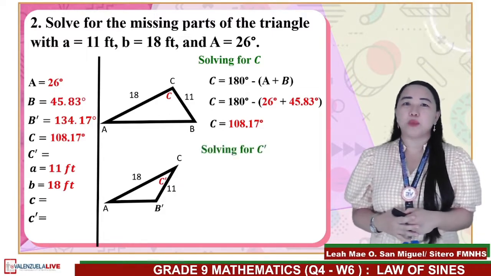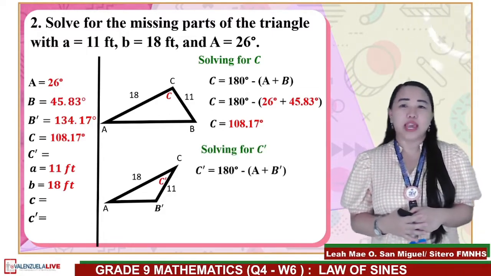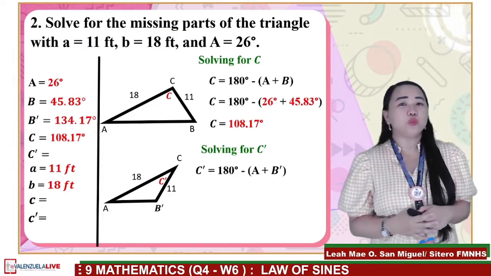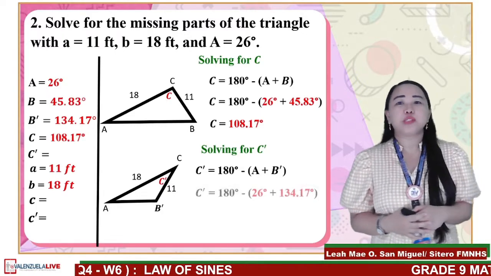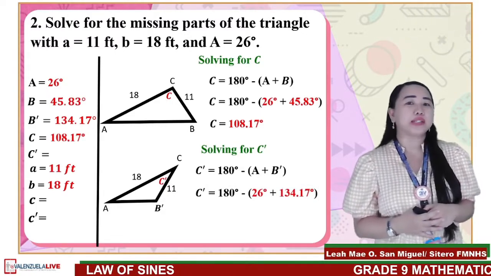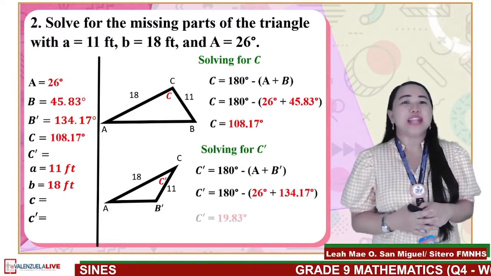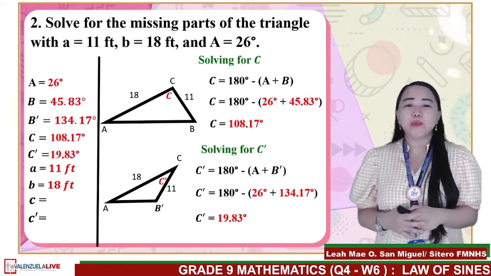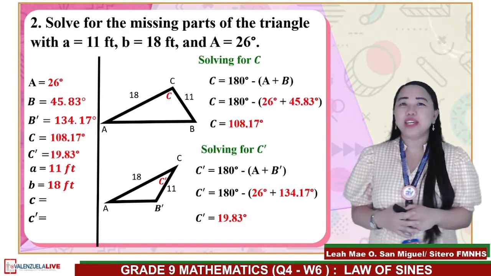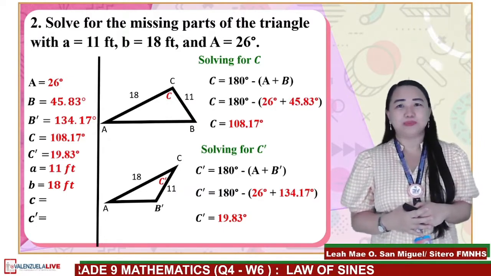Solving for angle C prime, get the sum of angles A and B prime. Then, subtract it from 180 degrees. Substitute the values of the two angles and simplify it. We get 19.83 degrees. Hence, angle C prime is equal to 19.83 degrees.